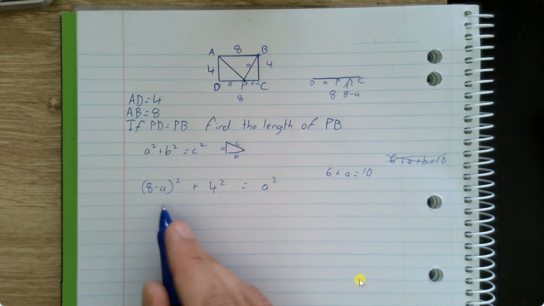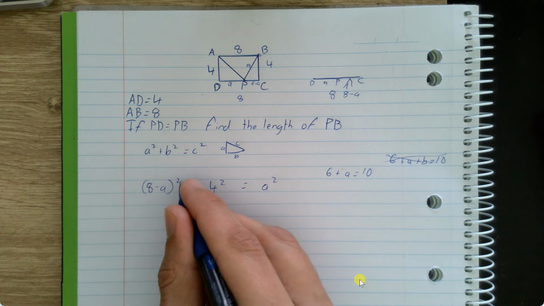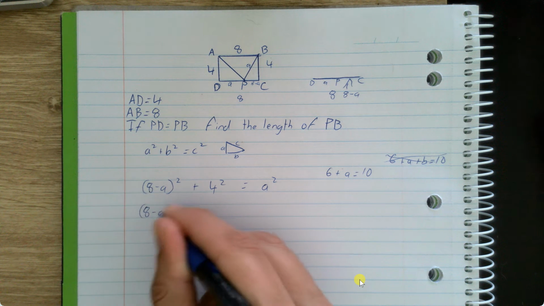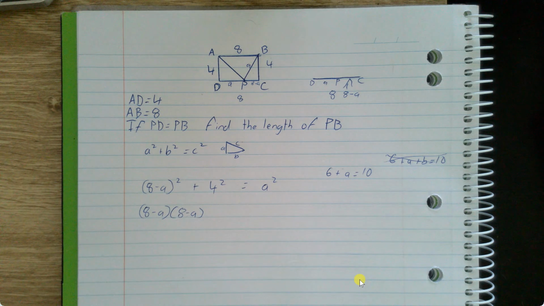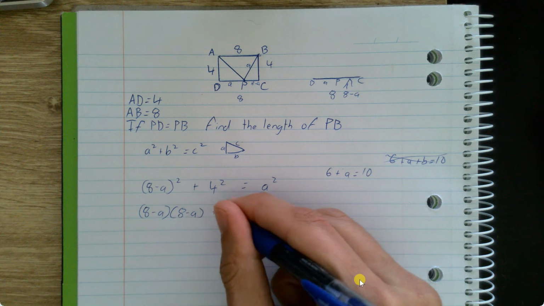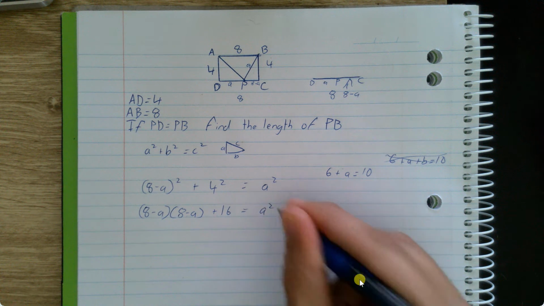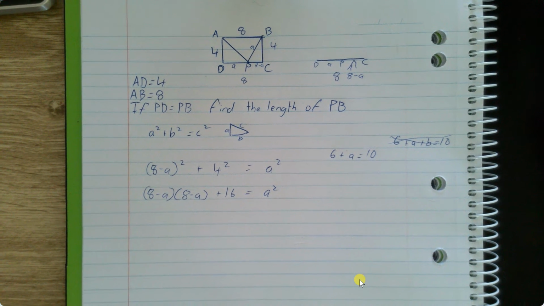Okay, moving on. We now just need to expand all this. Now, 8 minus A all squared means this. And 4 squared, easy. 4 times 4 is 16. And a squared, we still don't know what a is, so we just leave it just as it is.